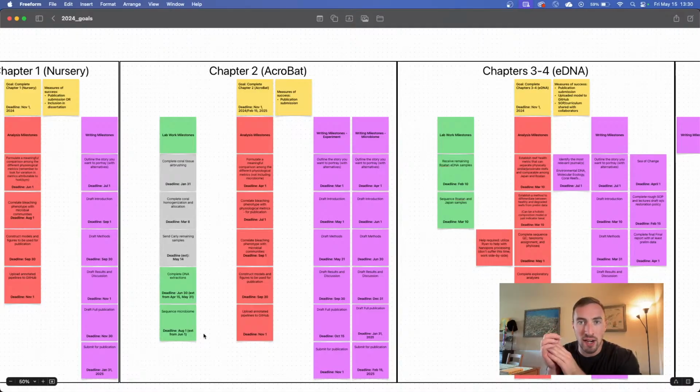Everything that's involved in writing that story. How are you going to answer that story? You're going to have a set of data, and you'll have a series of analyses that will help answer those questions to get you to that goal.